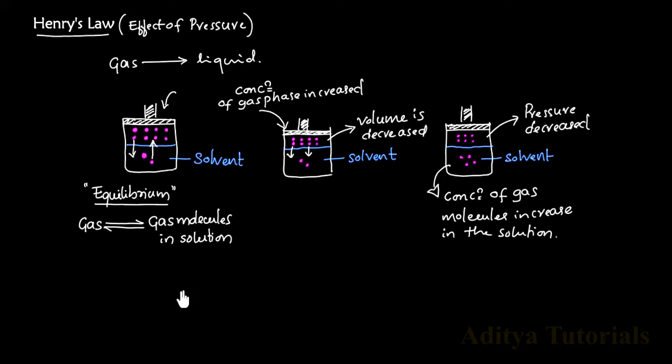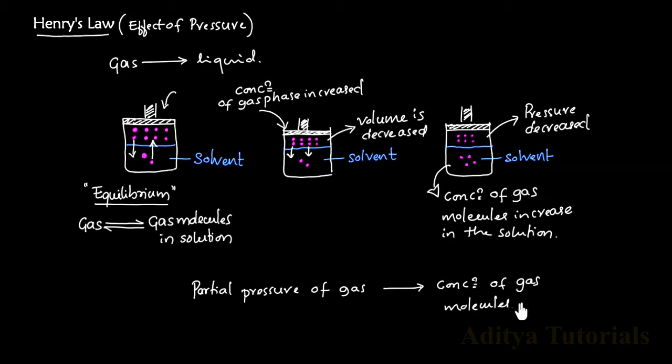Okay, therefore if we are considering only this gas molecule, then if the partial pressure of the gas is increased, then the concentration of gas molecules in the solution increases.